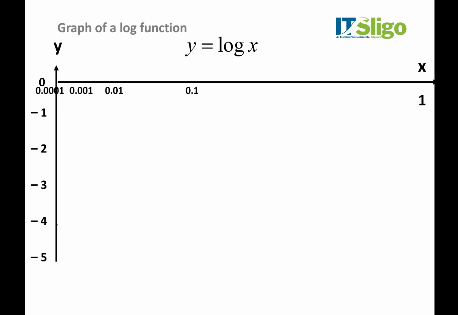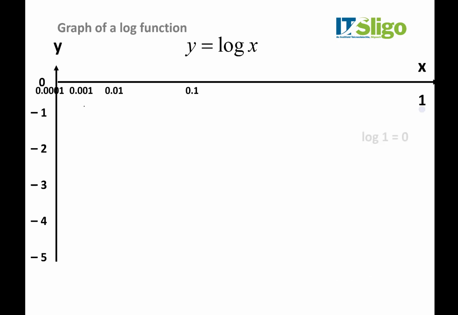So now we have 1 on the right and we have 0 on the left. First thing, log can't be defined for 0, but we're going to take a look at what happens as we let x get very, very close to 0. So we're going to start examining what happens to our output as we let x get smaller and smaller.